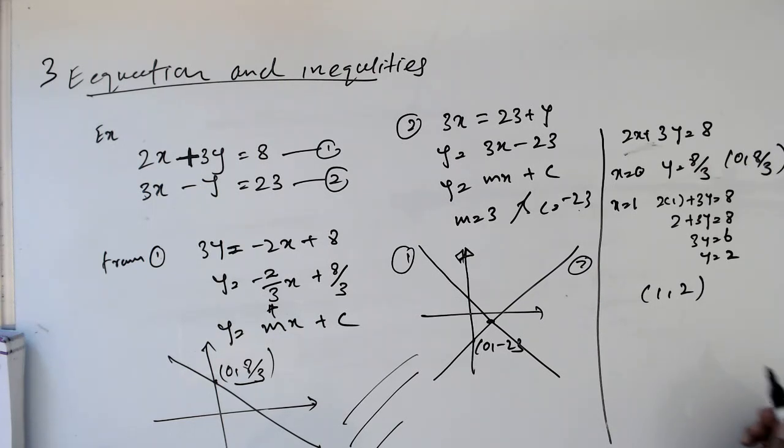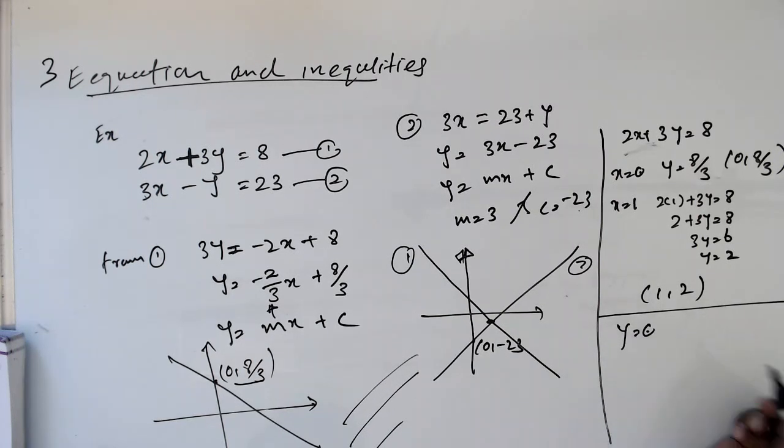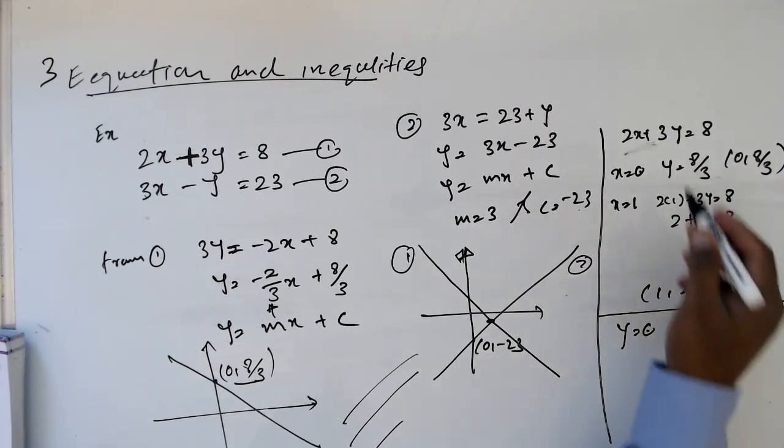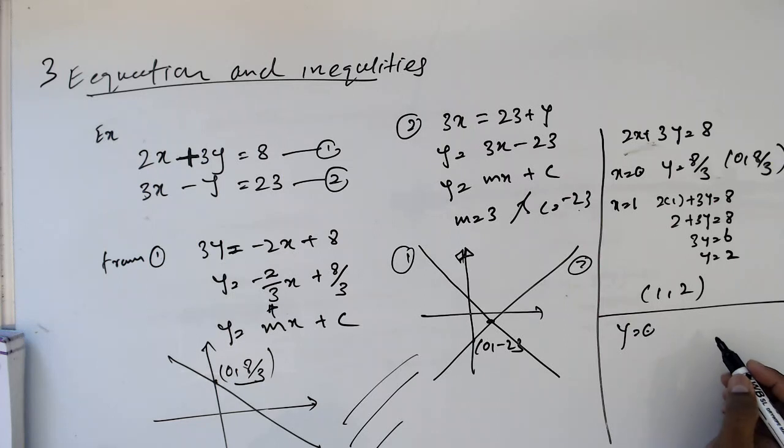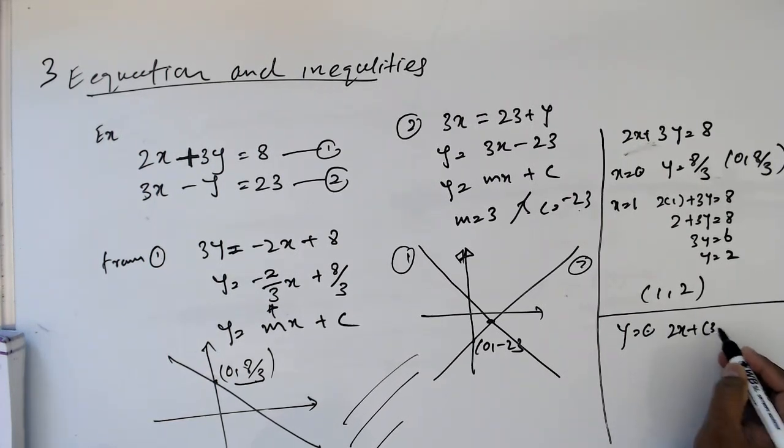Then the other standard method is finding the roots, making y equal 0. Let's see what is happening. When y equals 0, then 2x plus 3 times 0 equals 8.